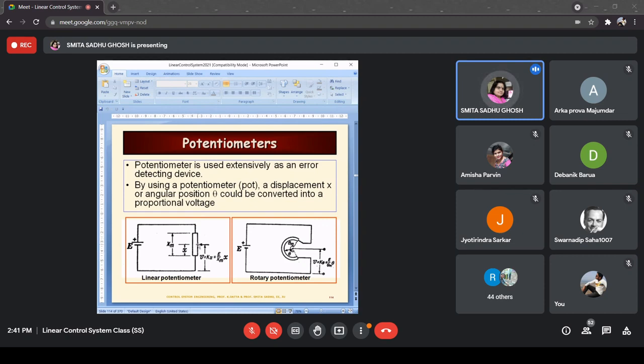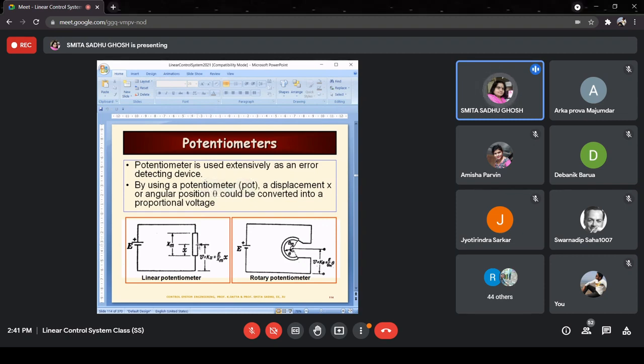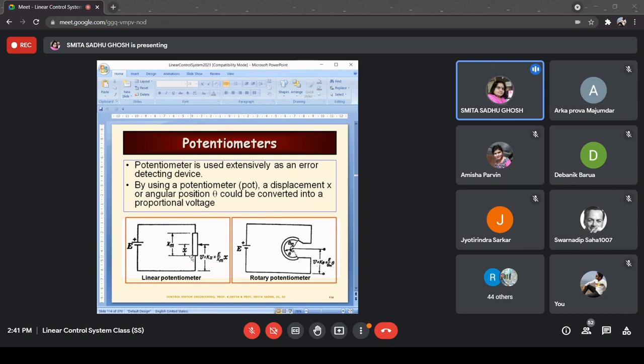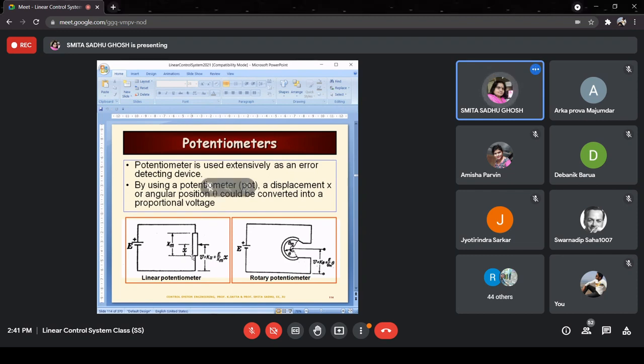Now if the pointer is at some general position, and the length of the element from the reference end to the pointer is given by small x, then small x is the amount of length that we wish to read at the output side, and the maximum possible length of the element is Xm, right? So the m stands for maximum.